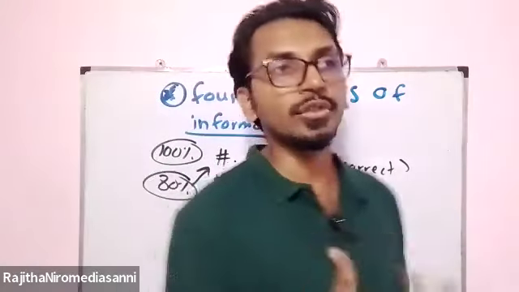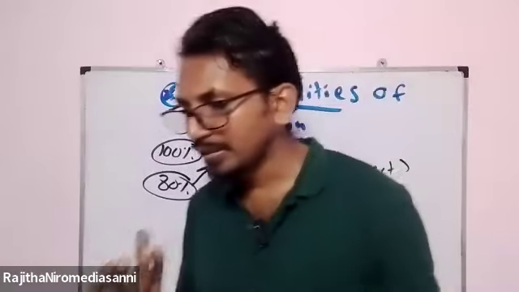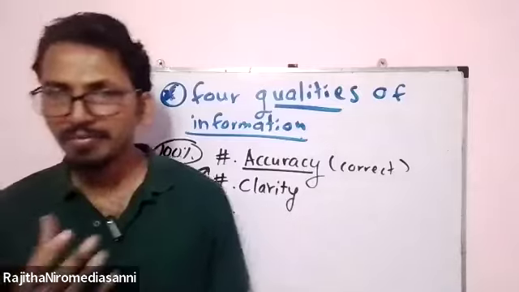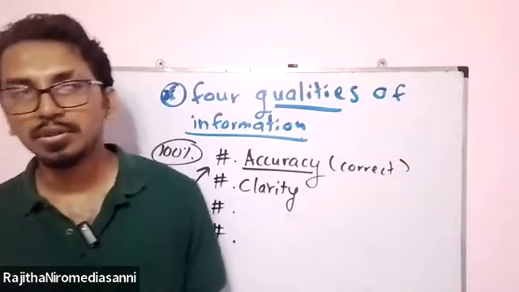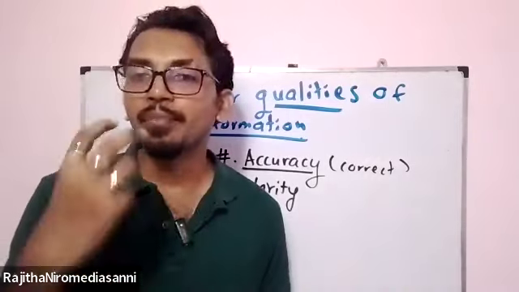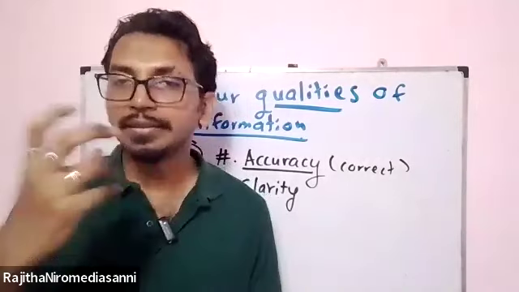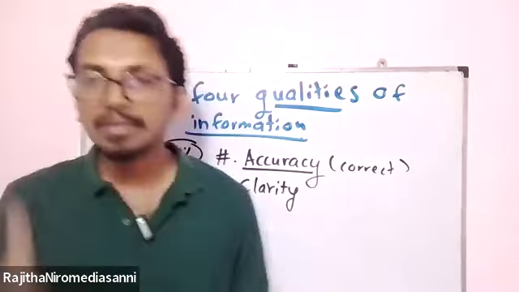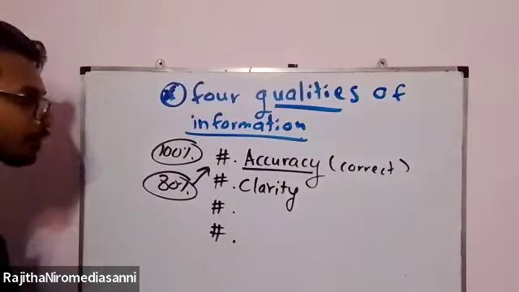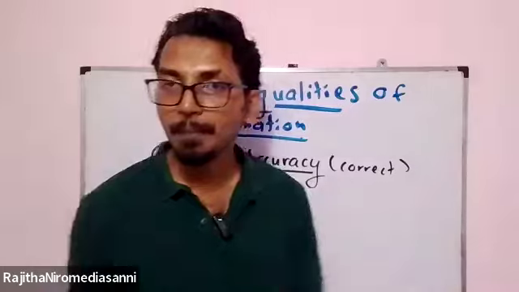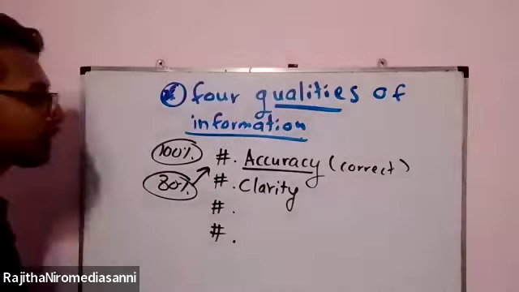We can't get the actual idea because the information has some doubts about it. So how can we clearly get a point or make a decision when doubts are there? That is the point. Clarity, clear ideas. Good.